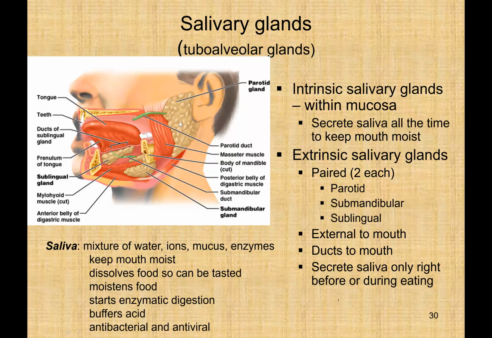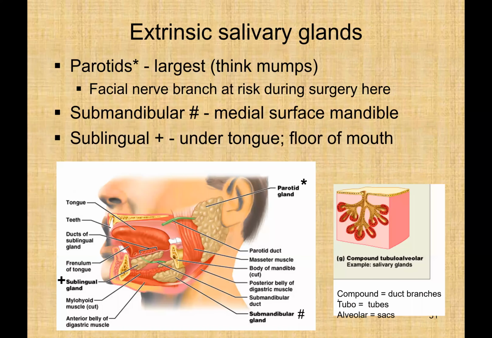So that is the parotid. The one below the tongue is known as the sublingual, and the one below the jaw is known as the submandibular. As you can see, these are the ducts leading to the mouth. So this tells us that the salivary glands are exocrine glands.